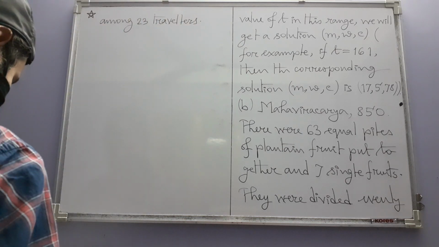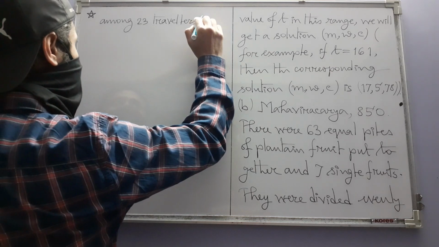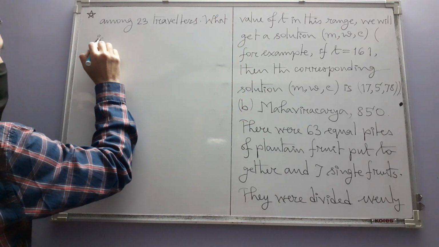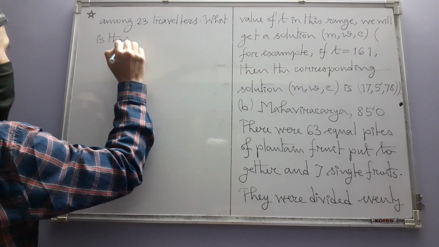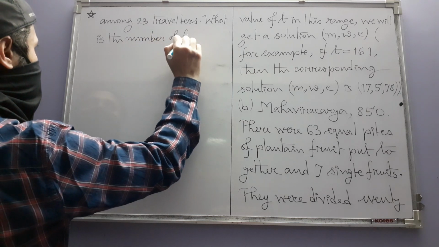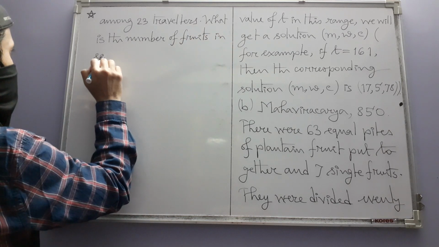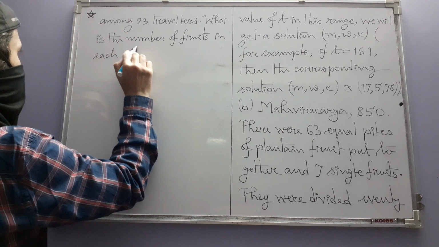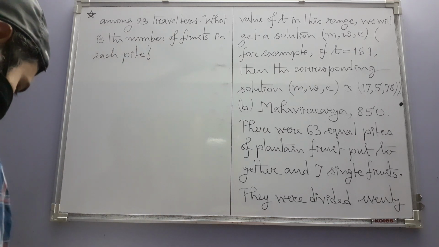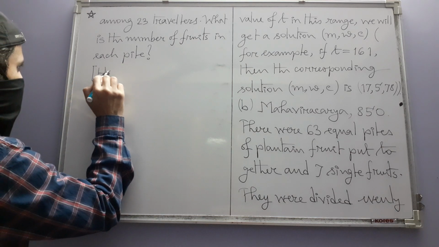Among 23 travelers, what is the number of fruits in each pile? And a hint is given, and in fact in the hint the entire thing itself is given.